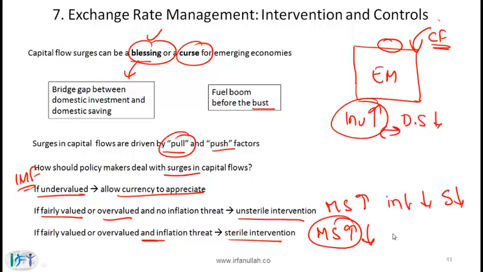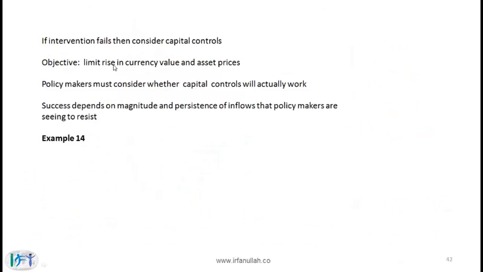Essentially, interest rates remain more or less unchanged. If the net effect on the money supply is that it's not changing, then the interest rates remain more or less the same. Inflation rates remain more or less the same. If intervention fails to accomplish your objectives, then you can consider capital controls.